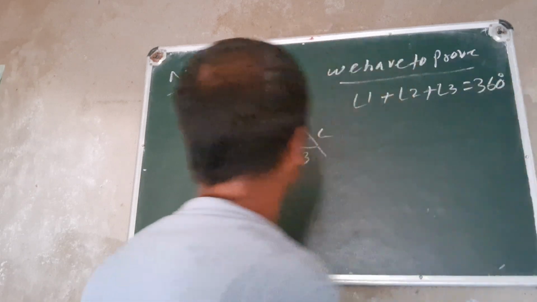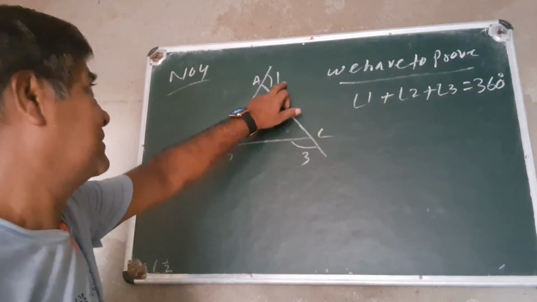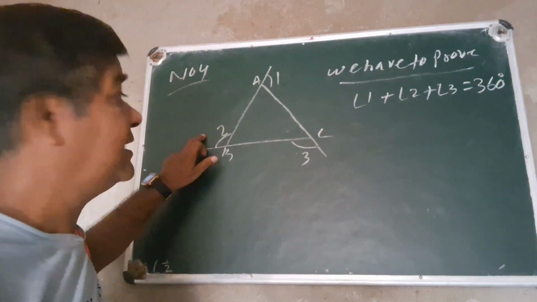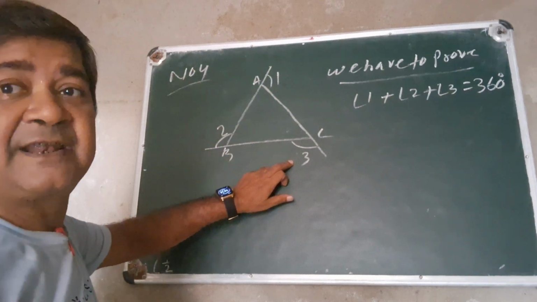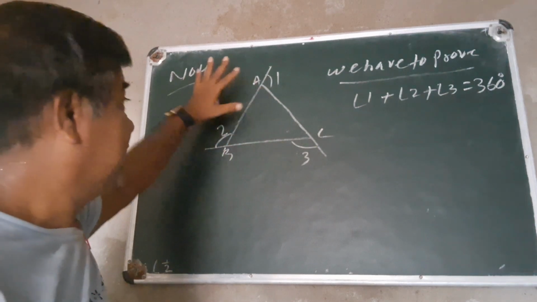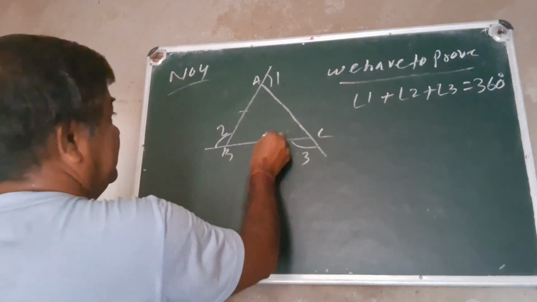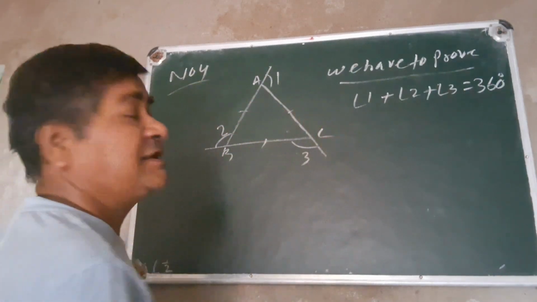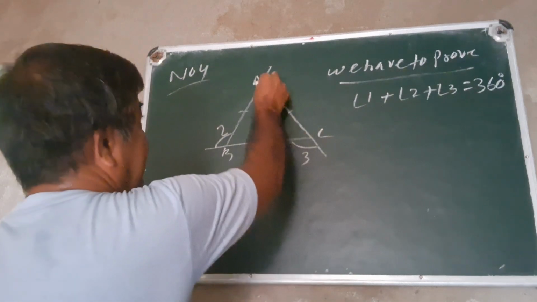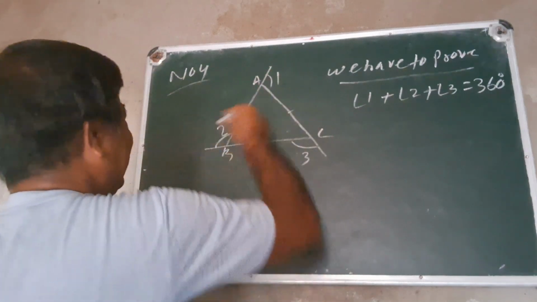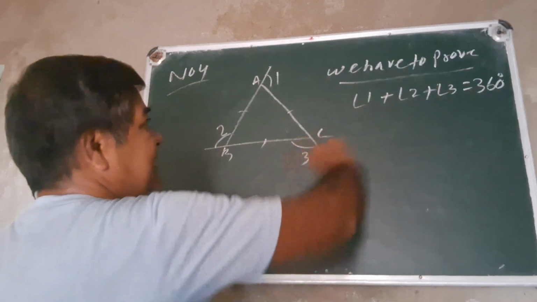How can we prove it? Angle 1 is an exterior angle, angle 2 another, angle 3 another. Three sides AB, BC, AC of a triangle, and at the vertices there are three exterior angles.